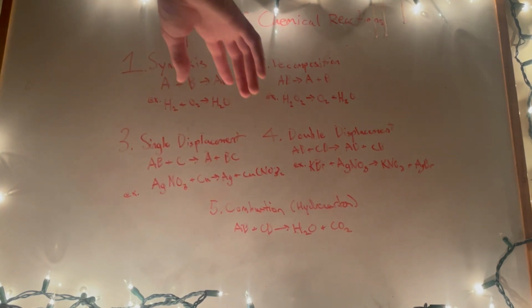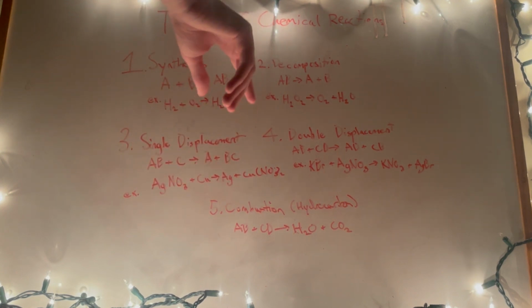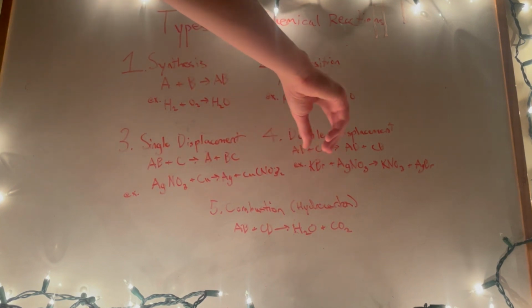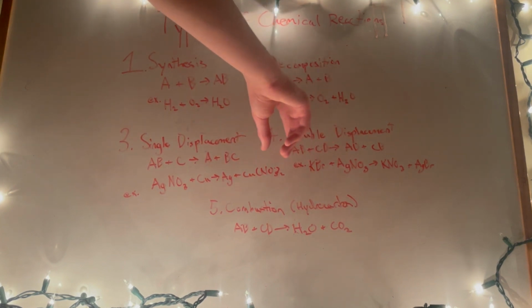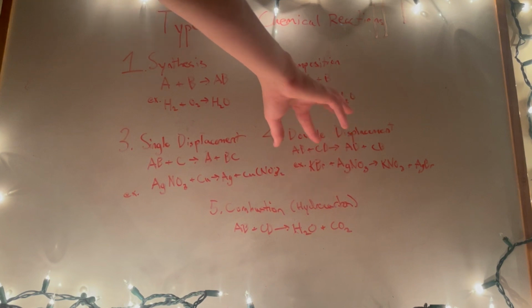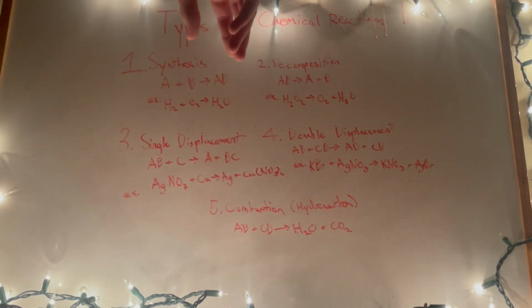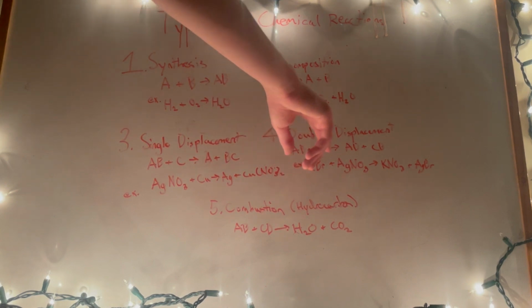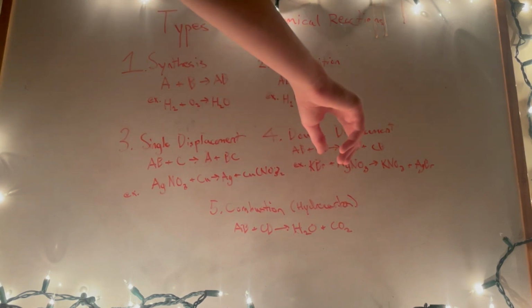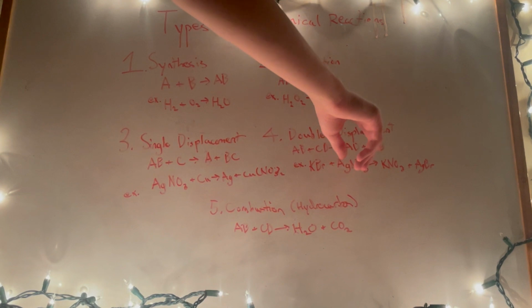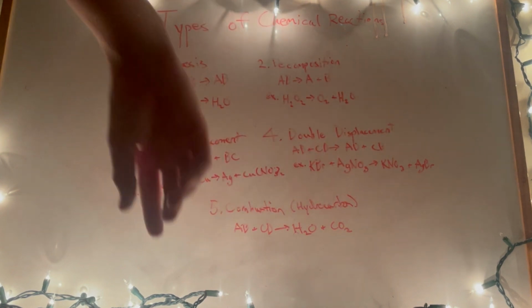And then for a double displacement, this is similar, except it's 2 molecules that yield 2 molecules, but they kind of switch which element is which. So for example, potassium bromide plus silver nitrate yields potassium nitrate plus silver bromide.